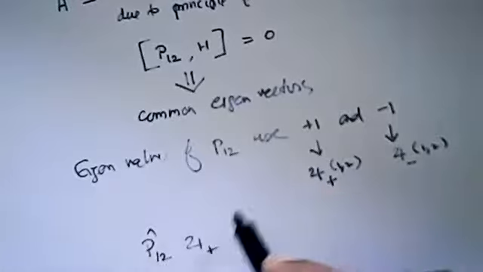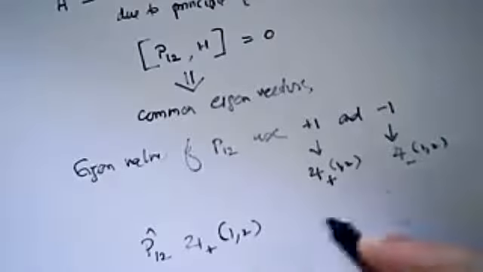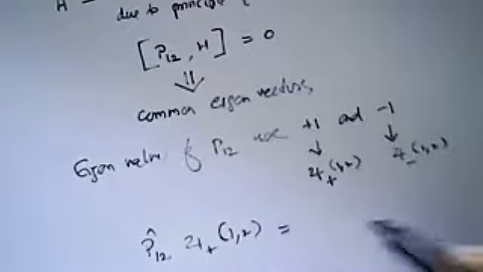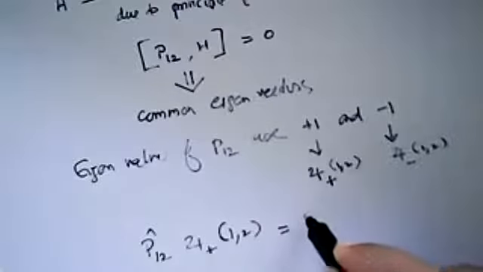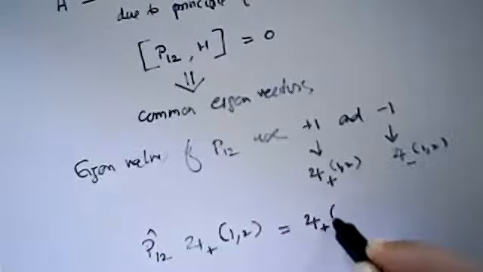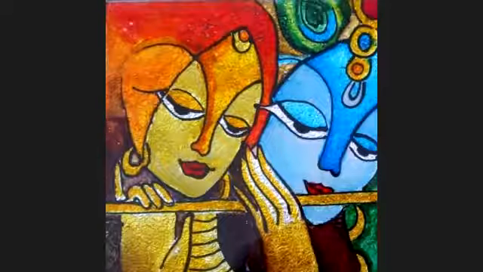So let P12 act on psi plus 1, 2. What is the result? When P12 acts on psi plus 1, 2, the result is psi plus 2, 1.